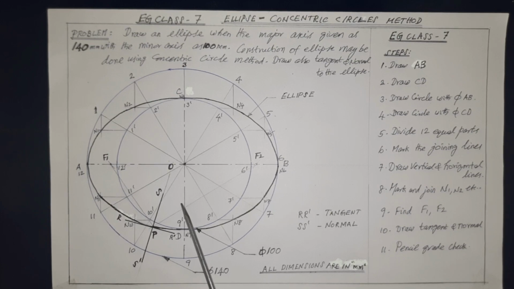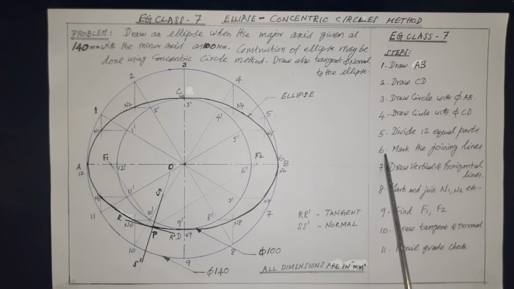However, 360 divided by 12 equals 30 degrees. That is, each part of the circle at the center would have 30 degrees, so that we can divide it into 12 equal parts.